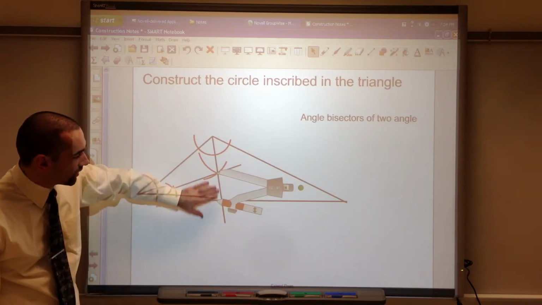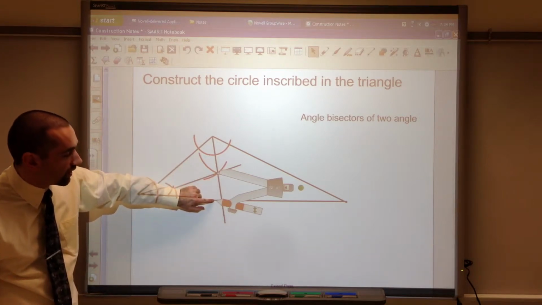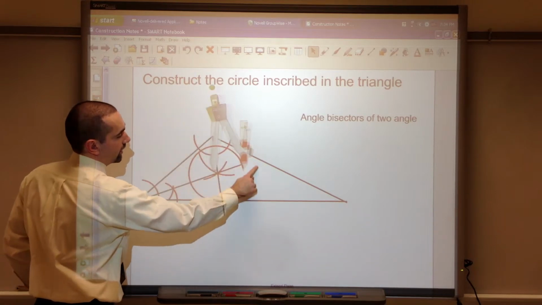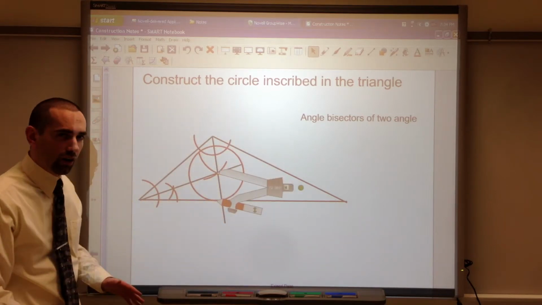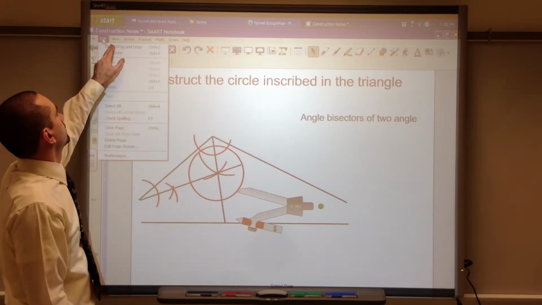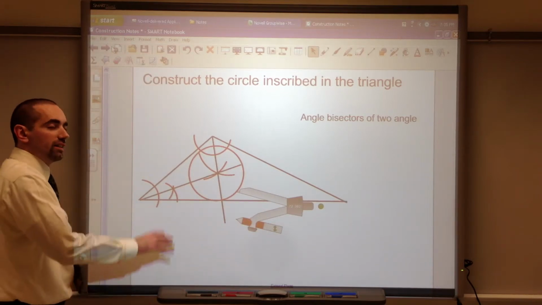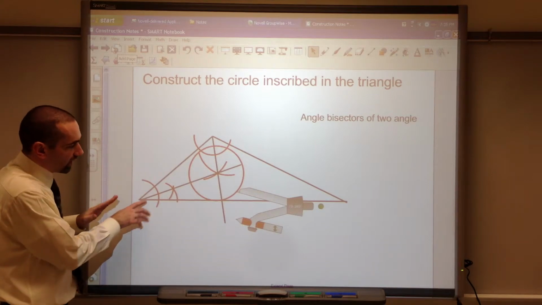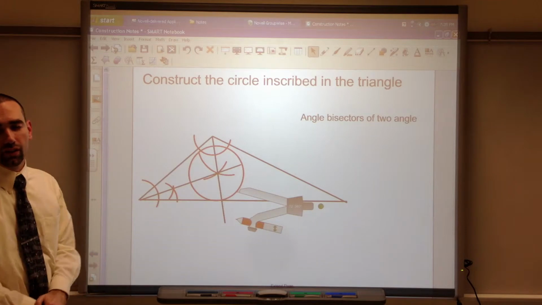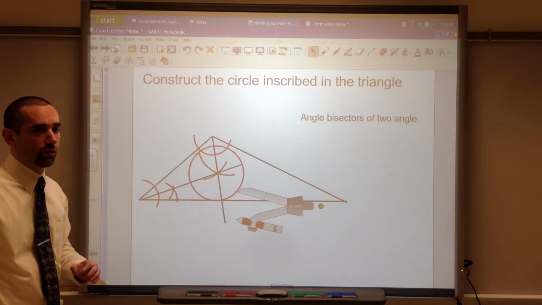See how it's touching? It's not touching this line, it's touching the edge of the circle. I'm going to rotate it. Now, I'm a little off, and that's okay. Some of the arcs I made are a little bit off. But that is how we construct a circle inscribed in a triangle.